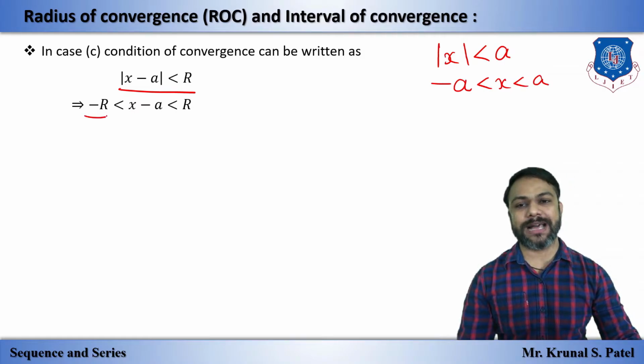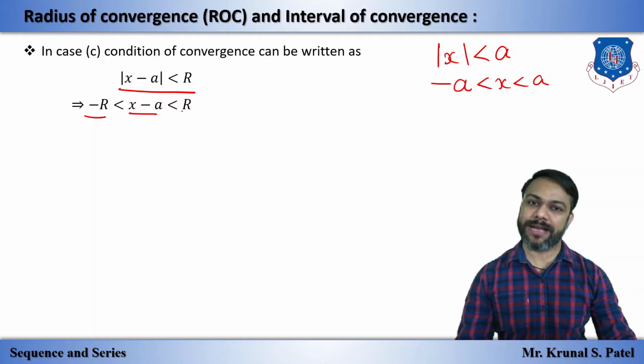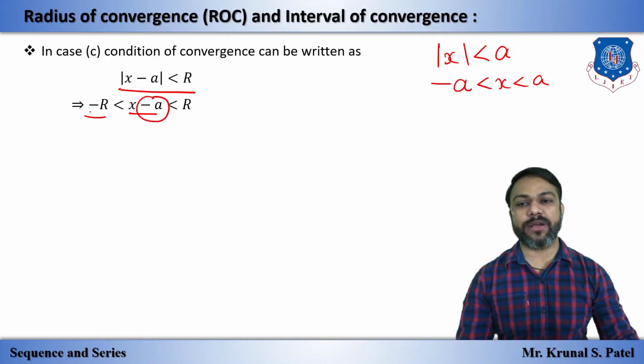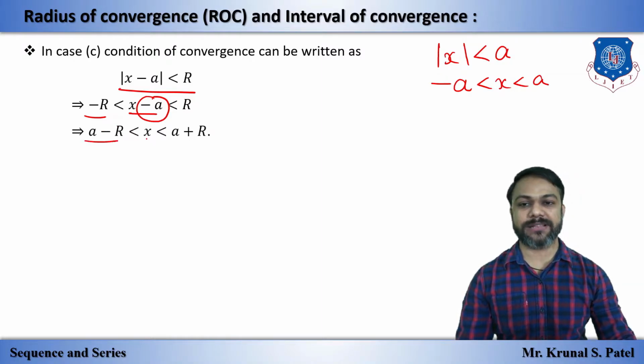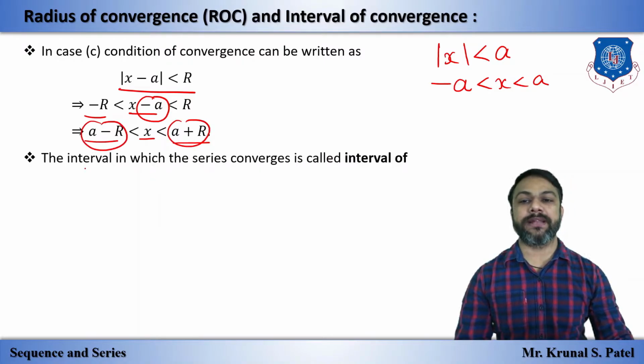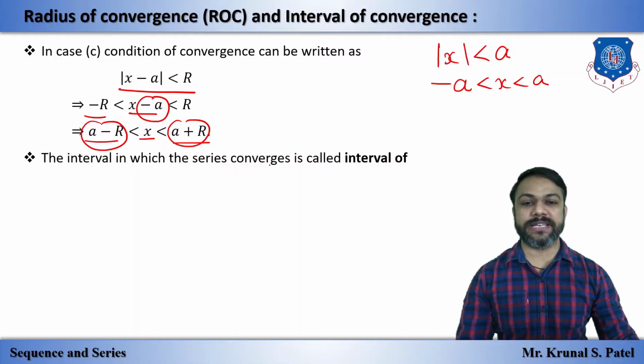So here, minus R is less than x minus a less than R. By adding a on all three sides, the a cancels out and we have a minus R less than x less than a plus R. This is our interval, and the interval in which the series is convergent is called the interval of convergence.